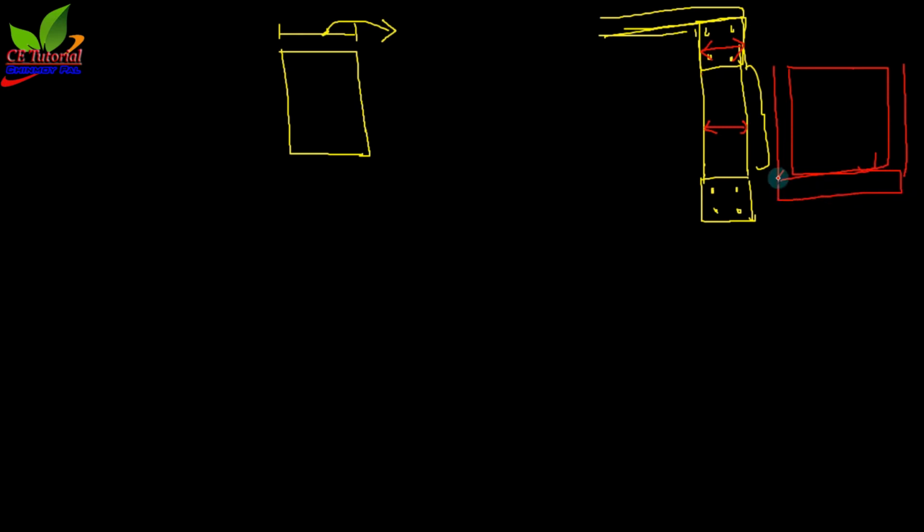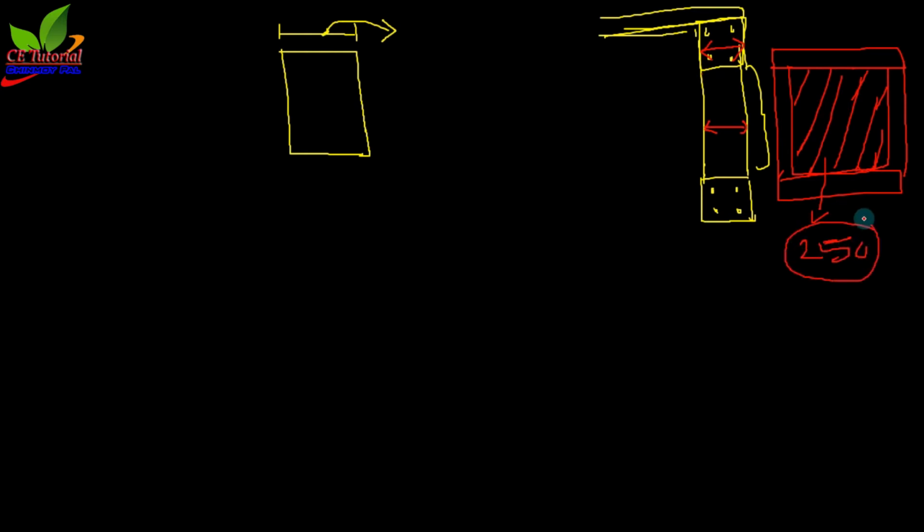This is the tie beam, the topmost beam. This hollow section will be filled up by a brick wall. The thickness of the brick wall is generally 250.